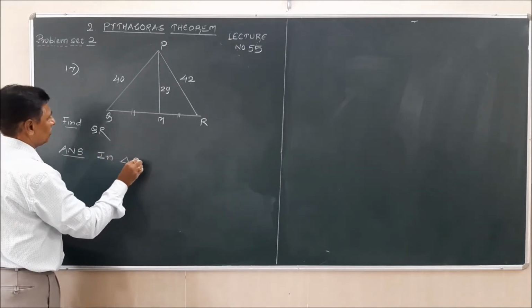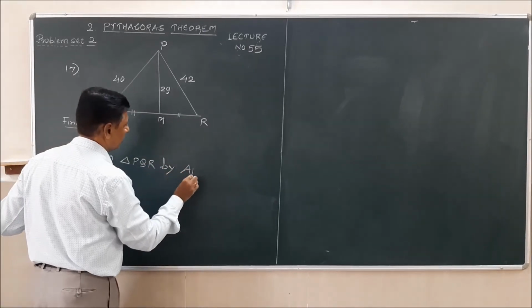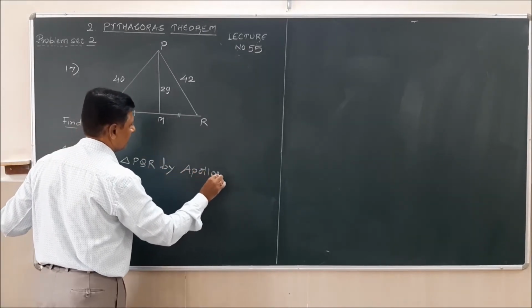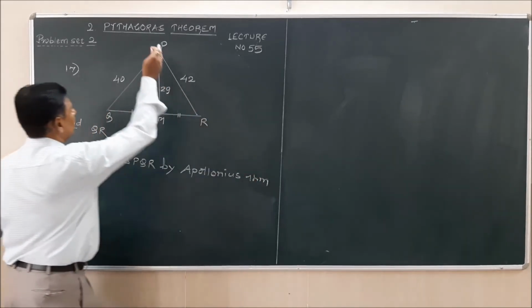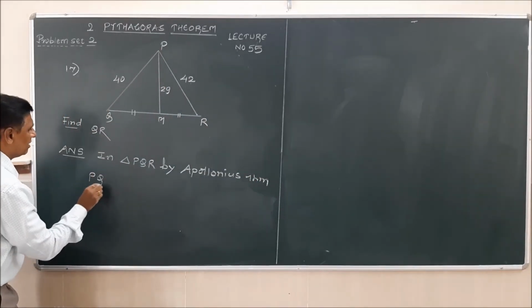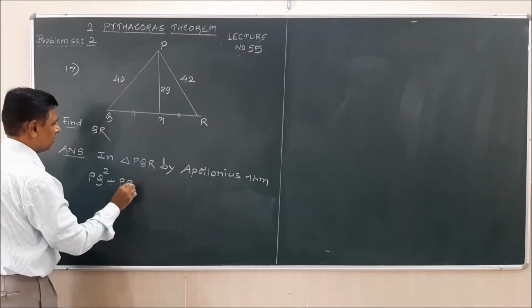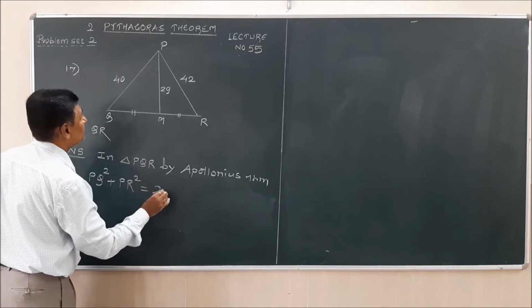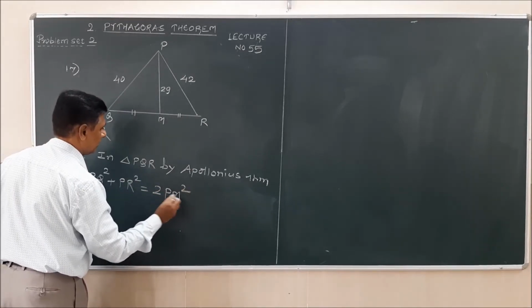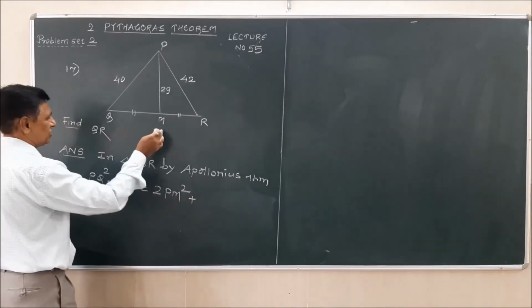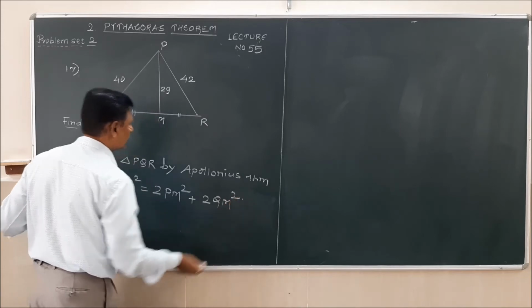In triangle PQR, by Apollonius theorem, PQ square plus PR square is equal to twice PM square plus twice QM square.